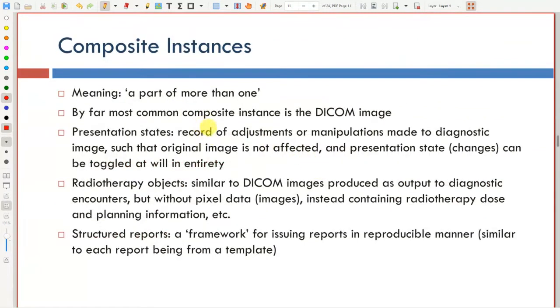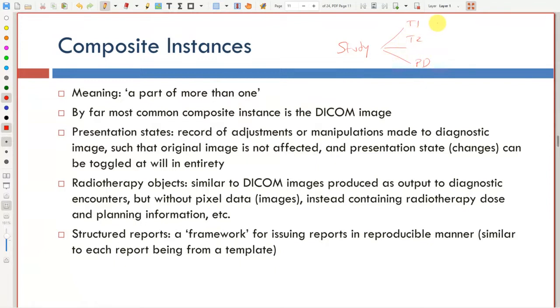One of the terminologies that people use is composite instances, which means that it's part of more than one. If you're communicating data between different systems, sometimes you cannot communicate the whole thing at one time. As I said before, a study might have different examinations, like T1 weighted, T2 weighted, proton density weighted.